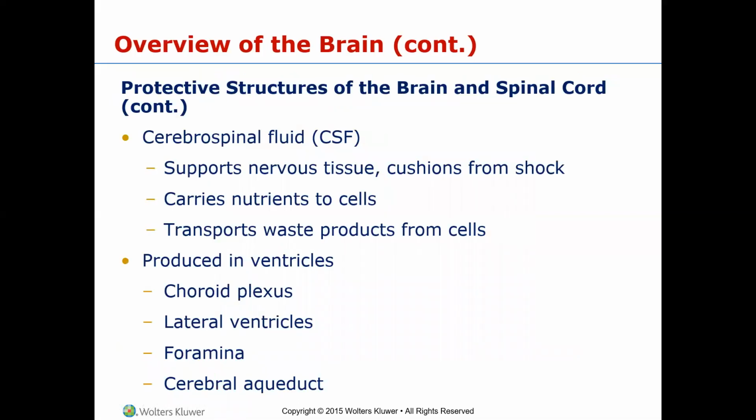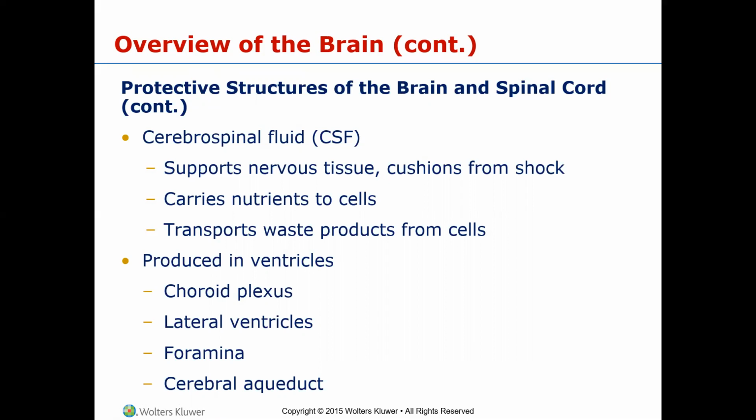Now, in order to protect the brain, we need some fluid, and the fluid is actually cushioning the brain against any forms of shock, or if you were to have a knock to the head or some kind of abrasion, then you are being cushioned.